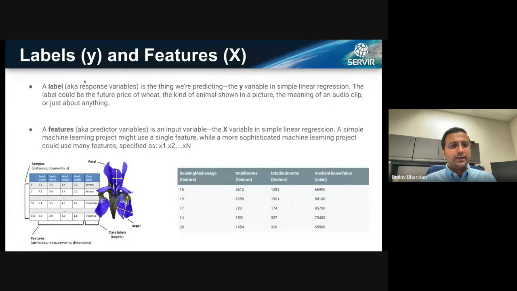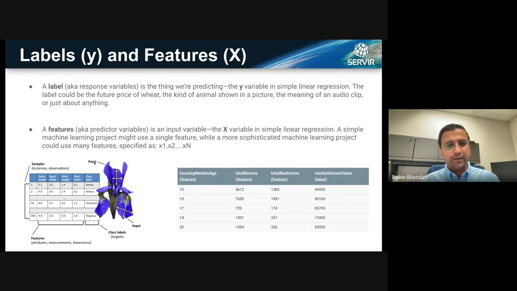And then there is a label, also known as the response variable. A label is something that we're trying to predict, the Y variable if you're thinking of a simple linear regression. In our case, we saw the median house value based on different features like age of the house, number of rooms available, number of bedrooms, all these features.